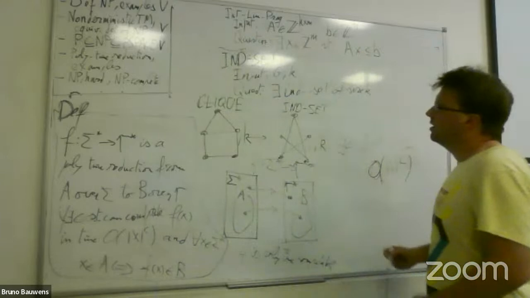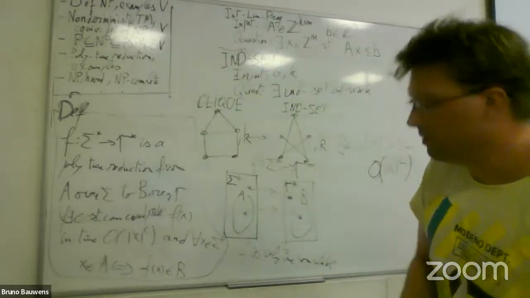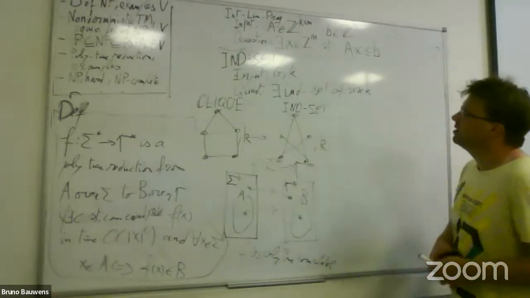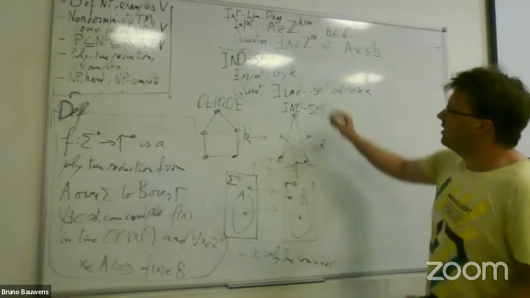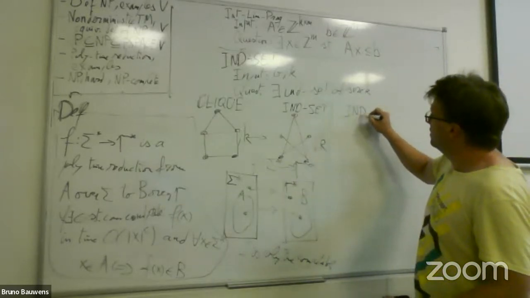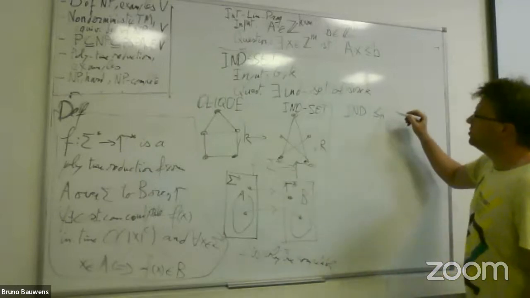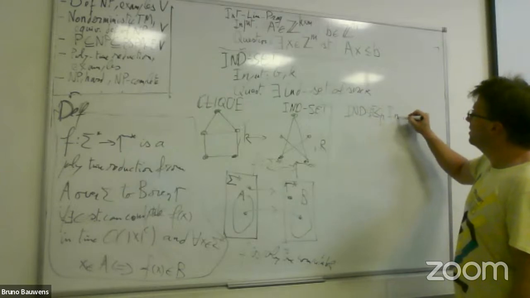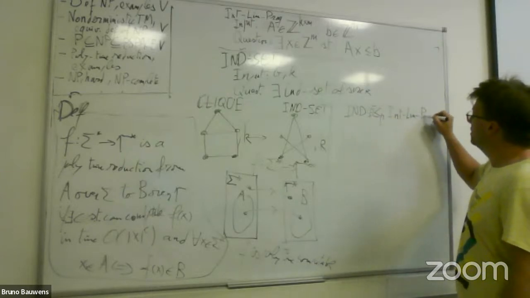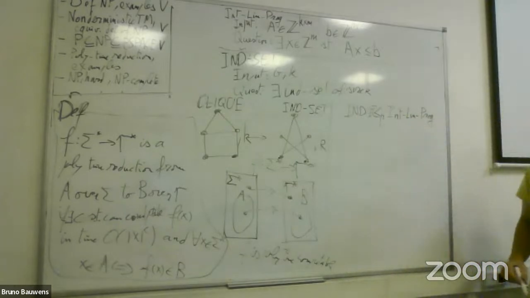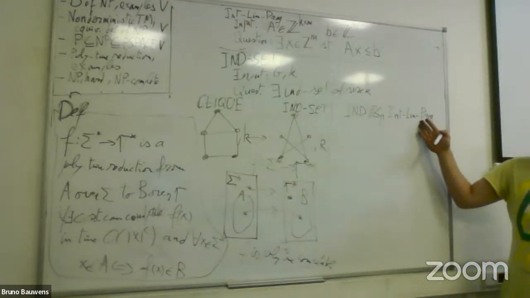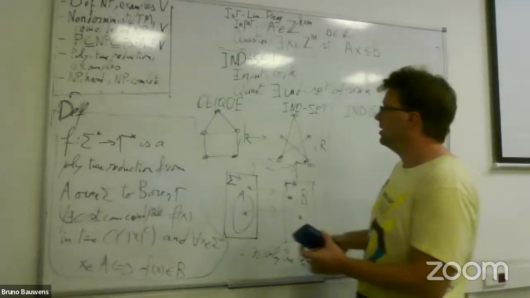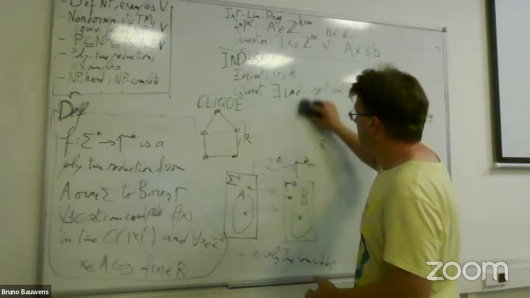Now I claim that there is a reduction: independent set polytime reduces to integer linear programming. So we can map this to this. How does it work? Let us take an example.